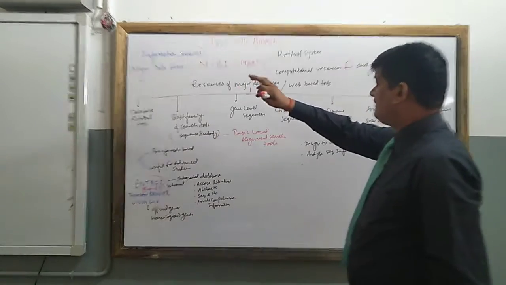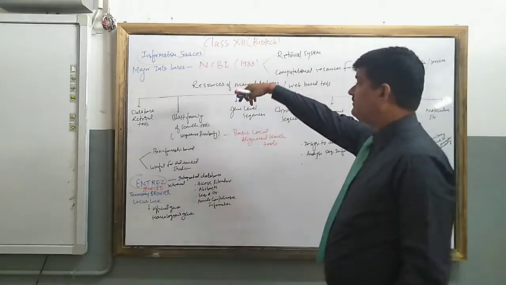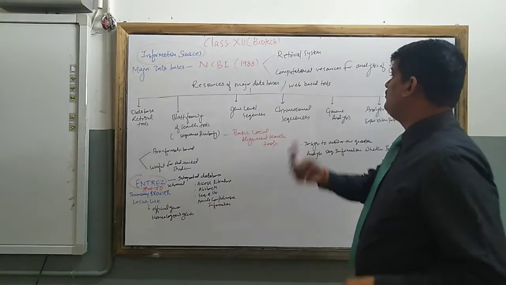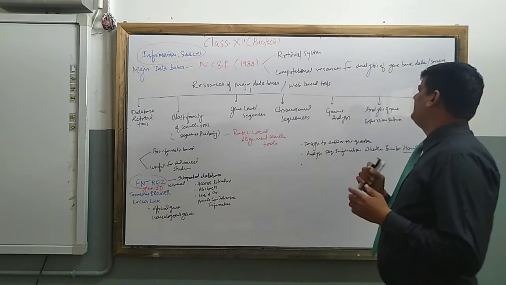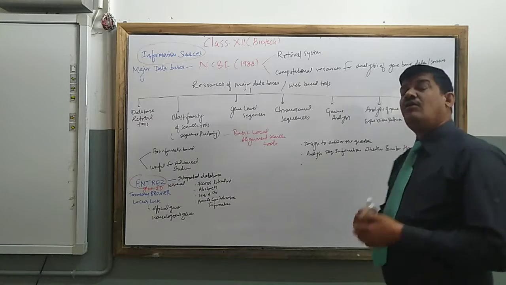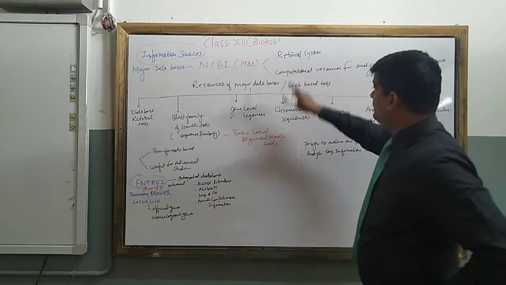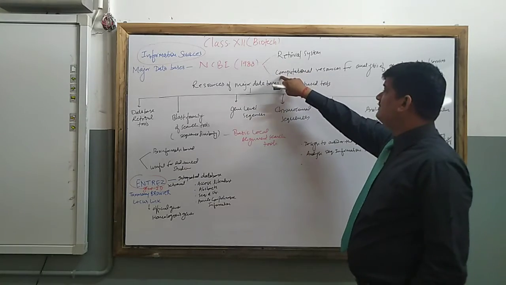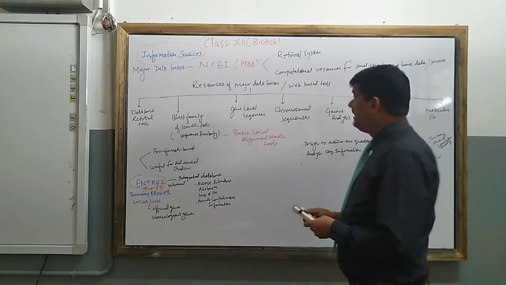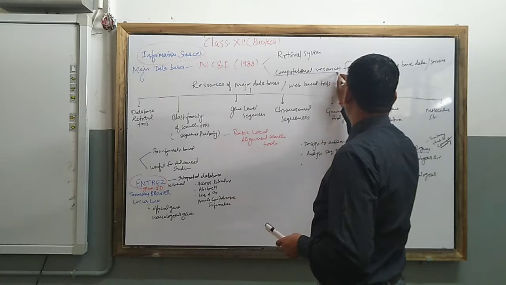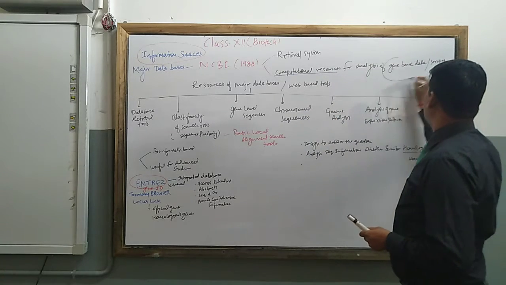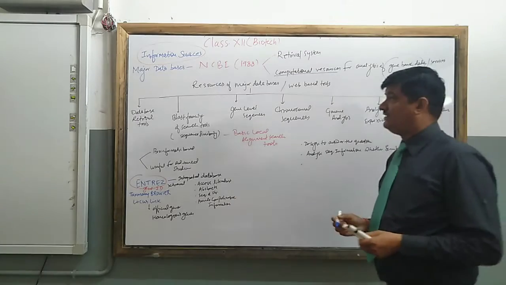The second prime function of NCBI was computational resources for analysis of GenBank data and services. So first is the retrieval system, and second is computational resources, which were made for analysis of GenBank and its services.